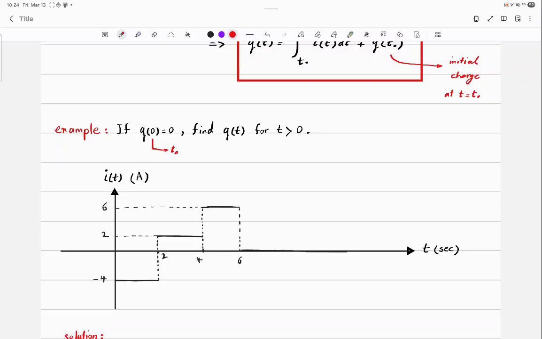Okay. Calculate the power absorbed by these elements, each one. Let's start with element A. Give me some suggestions. I want to calculate the absorbed power by element A. What should you do first?